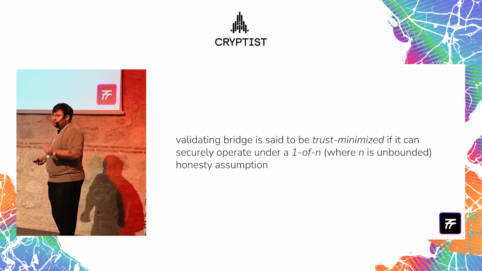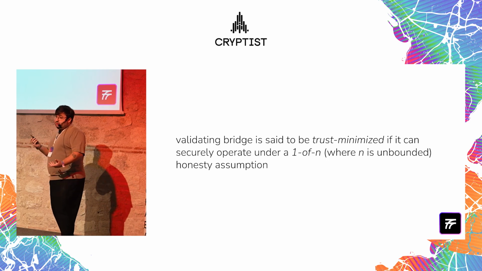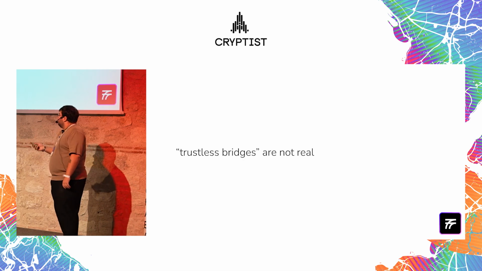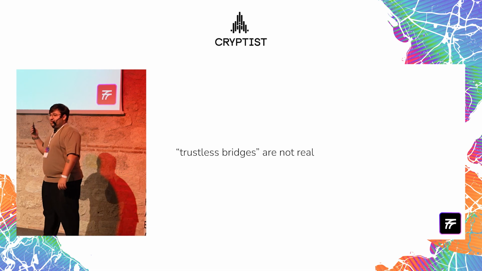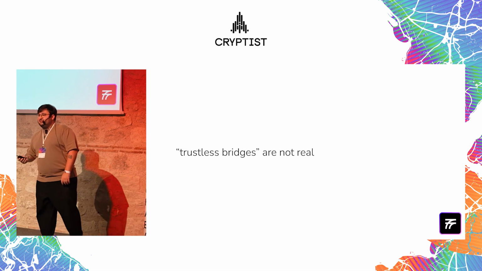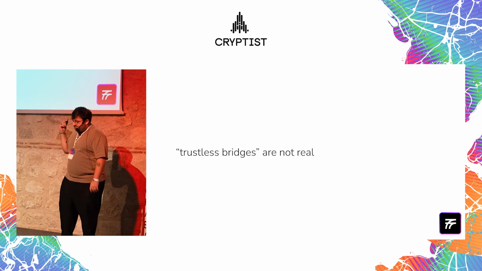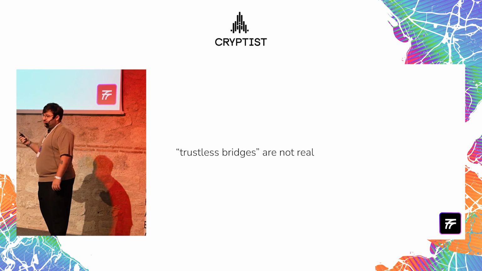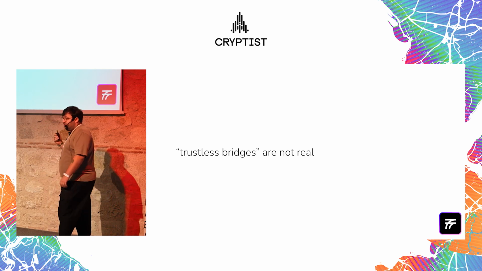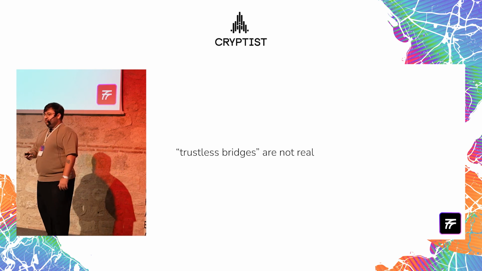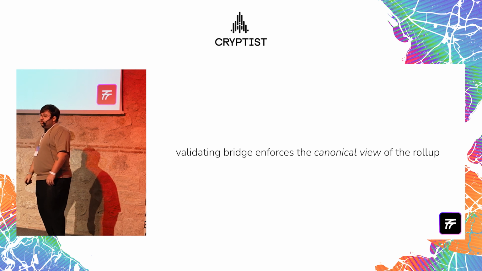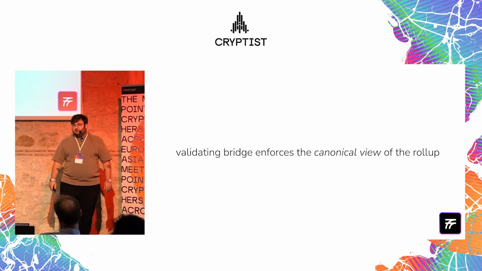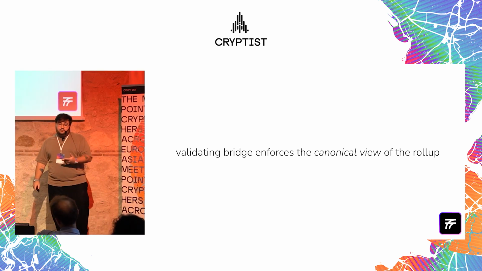If you don't, then it's not trust minimized, it's trusted. And it's a bit of a tangent, but just a reminder, trustless bridges don't exist. Whenever somebody refers to a bridge as a trustless bridge, they're probably lying to you or they don't understand what trustless means. And a validating bridge enforces the canonical view of the rollup.